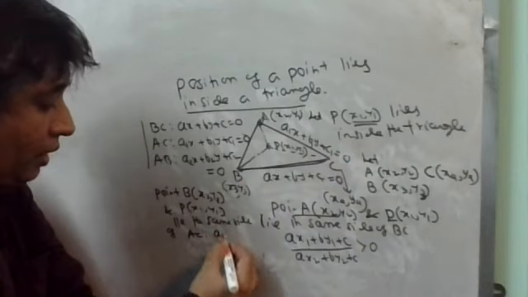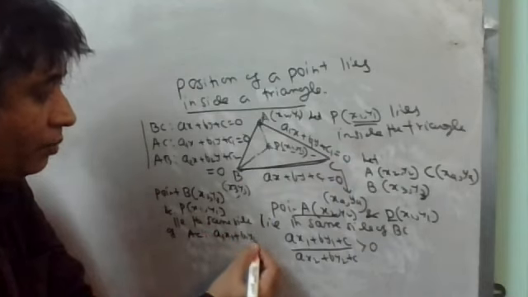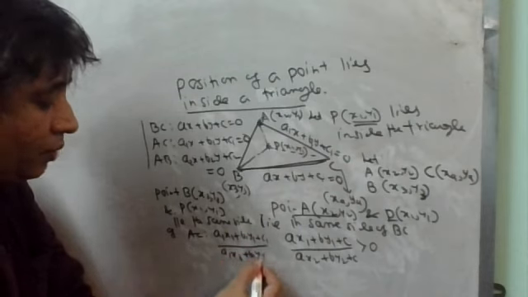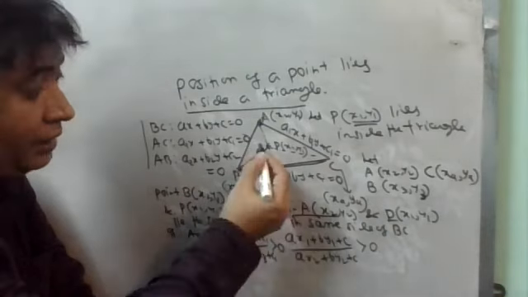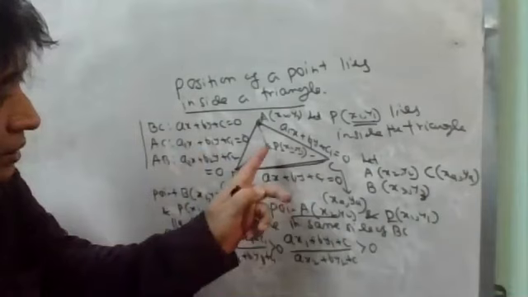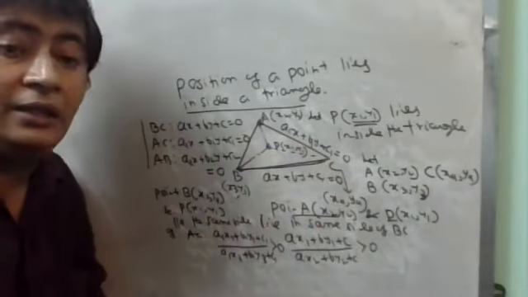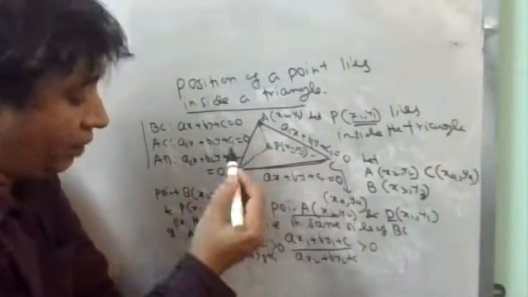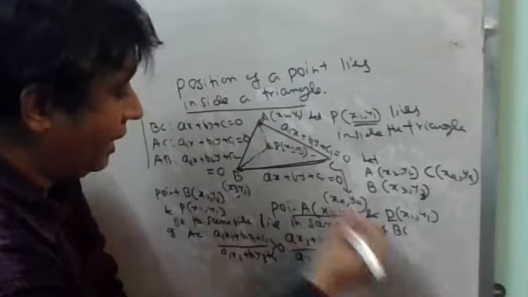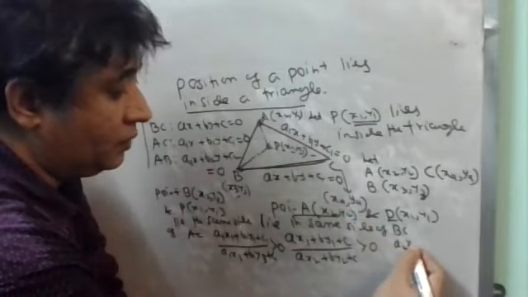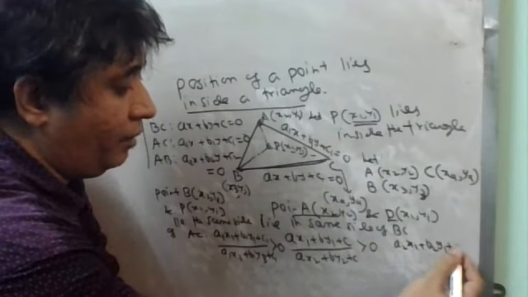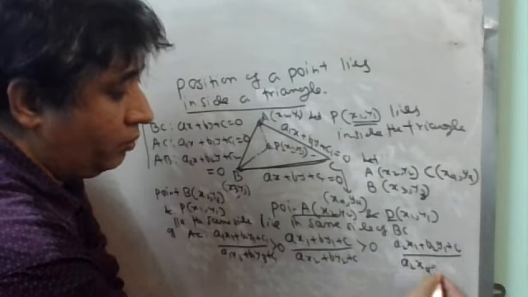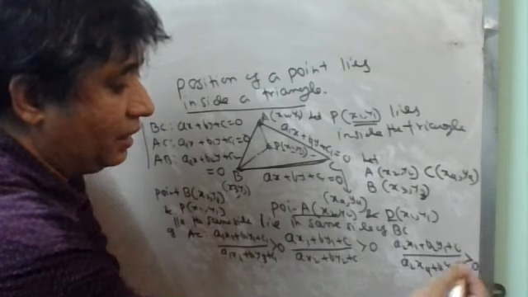So (a1x1 plus b1y1 plus c1) by (a1x3 plus b1y3 plus c1) greater than 0. Then these two points are on the same side of AC. And in the same manner, I can say B and C also lie on the same side of AB. So AB's equation is (a2x1 plus b2y1 plus c2) by (a2x4 plus b2y4 plus c2) greater than 0.